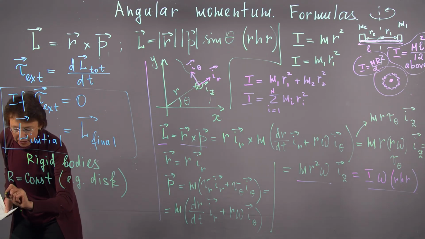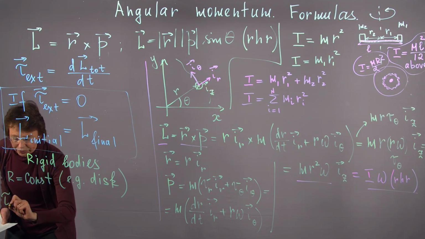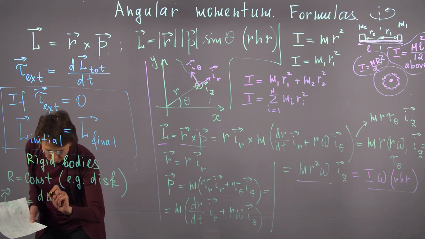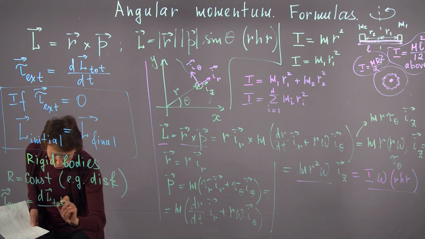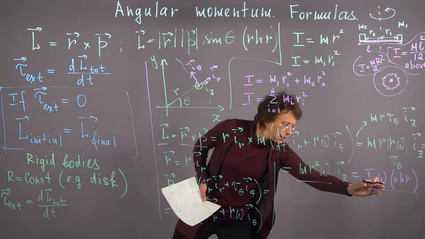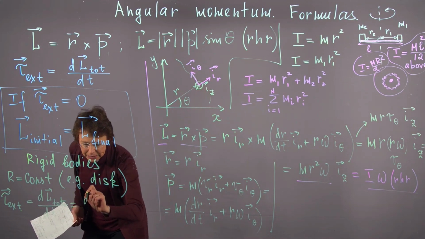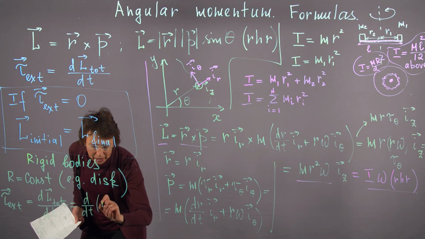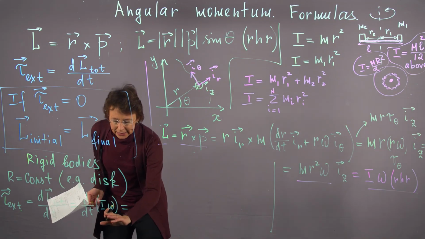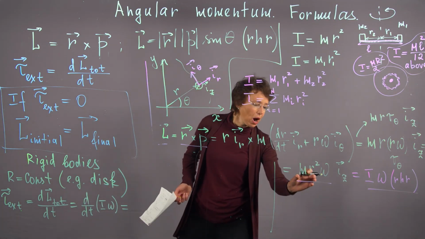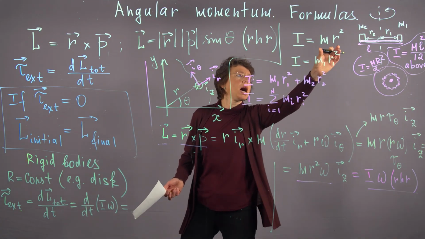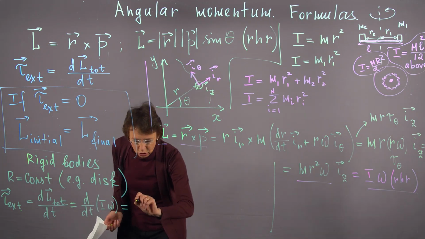And now let's write what we have. Tau external is dL total dt. Now L total I will write as I omega. So it is d dt of I omega. Now I take this derivative. I is m r squared, so I use the product rule.